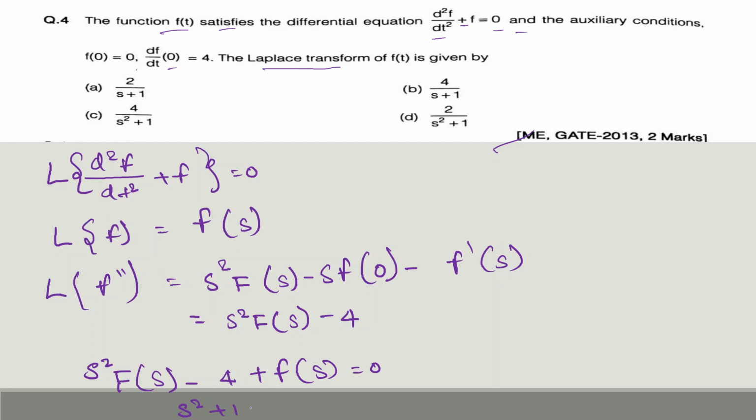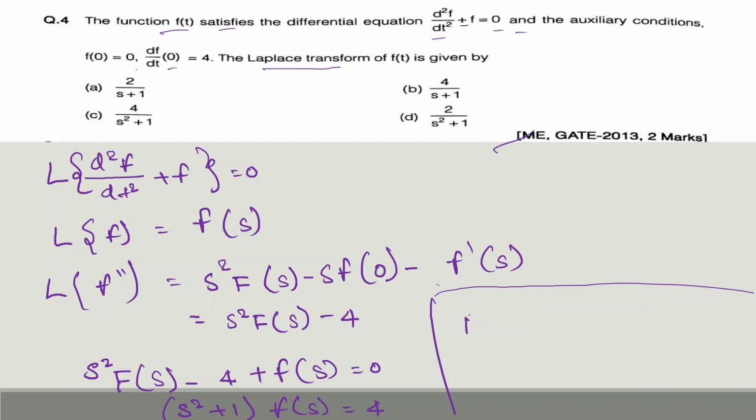s square plus 1 times F(s) is equal to 4 here.